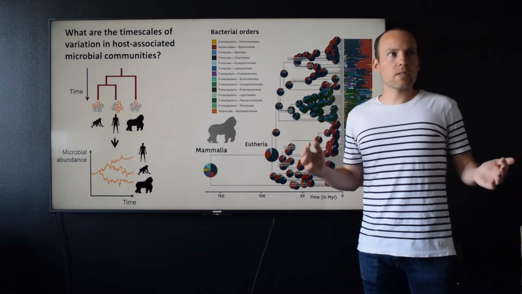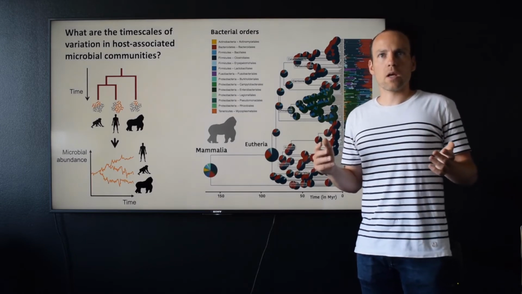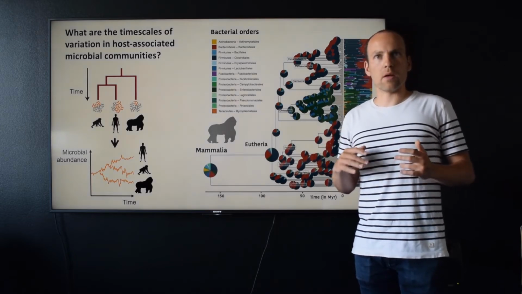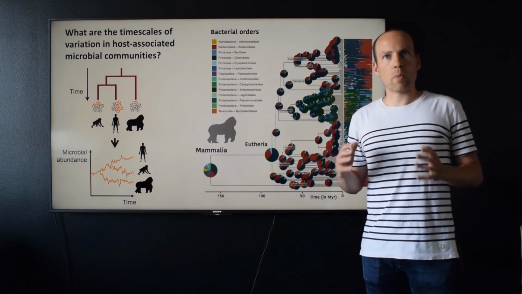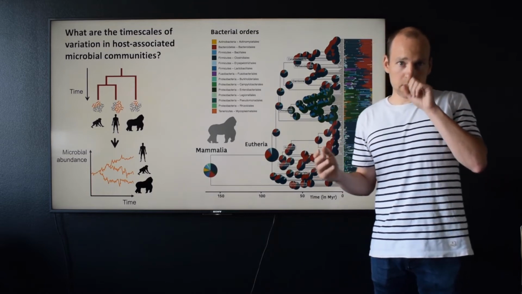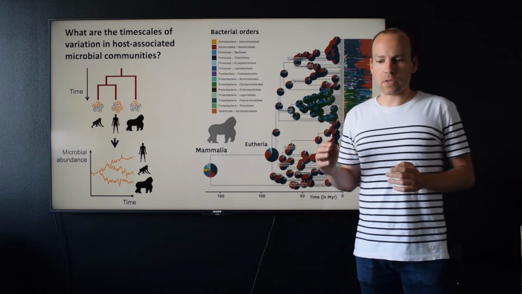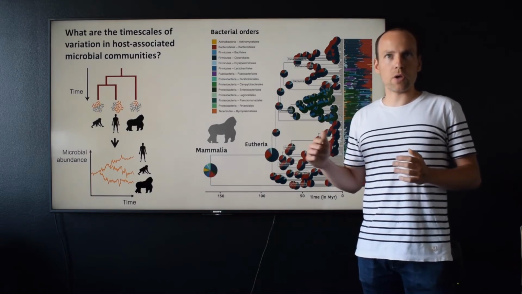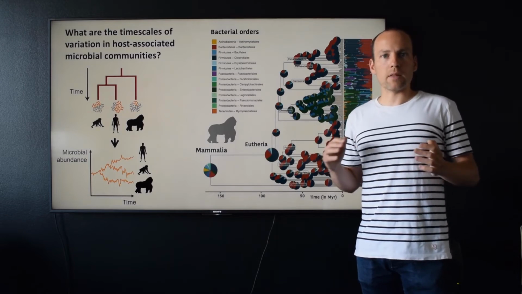Of course, in this group there is a lot of focus on studying microbes and microbial communities that are associated with the human gut or skin, for instance, and how the composition of these microbial communities and their variation in time relates to health and disease.